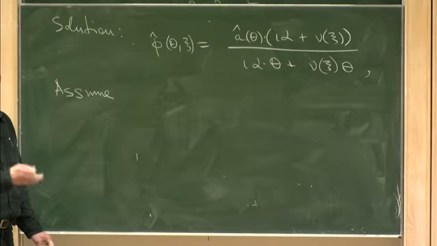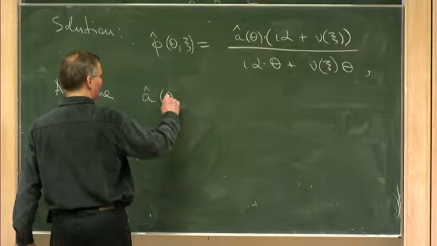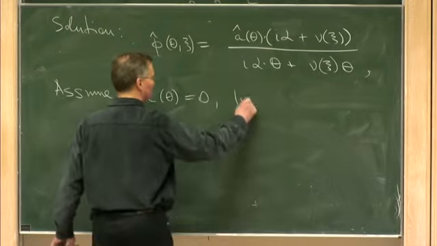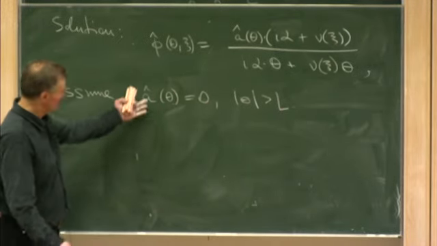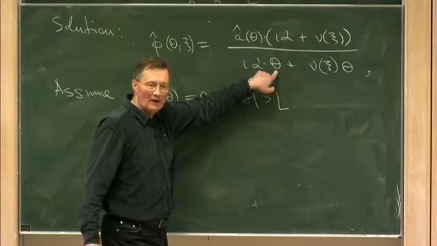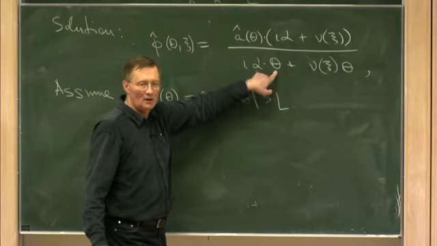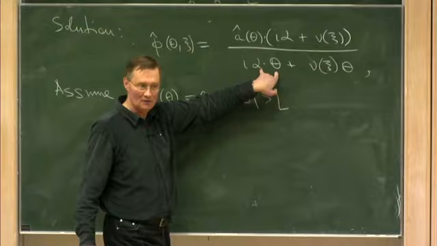It has finitely many Fourier coefficients. So outside of a ball of radius L, this is zero. Okay. So here we have finitely many values of theta that are dangerous, where this product can turn into 0.